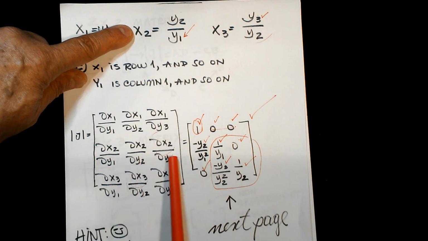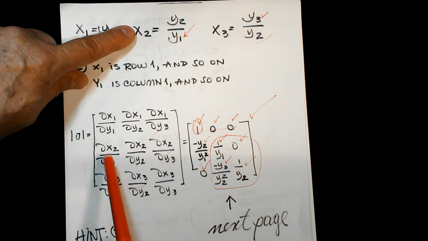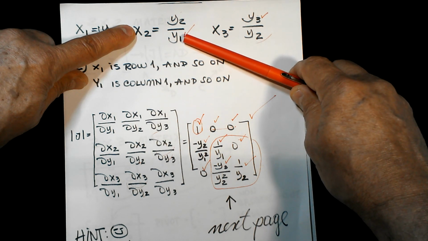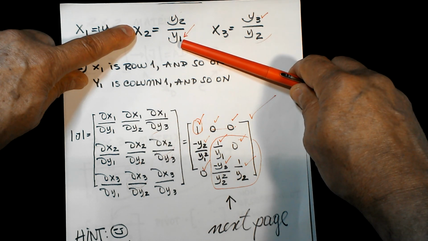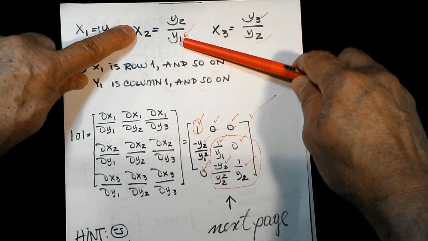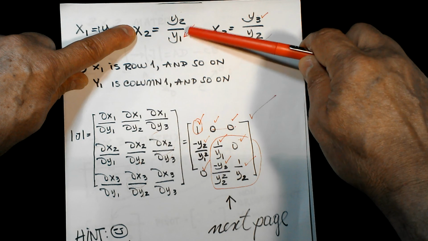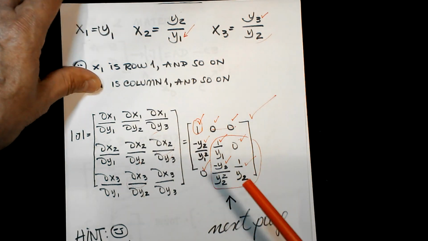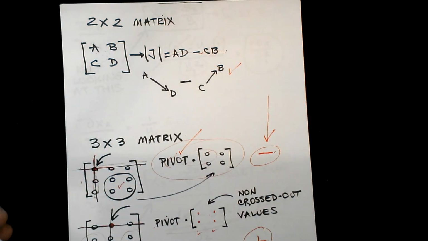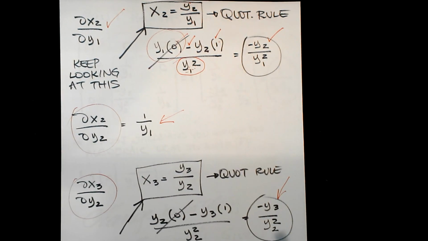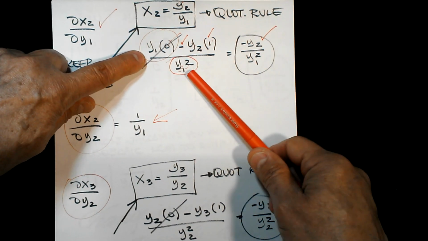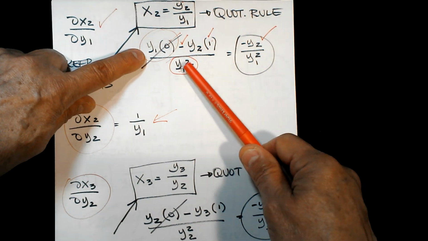Move your finger now to x2. You start row 2. It's this function over y1. y1 is in the denominator, and therefore you need the quotient rule. The variable you want is in the denominator. So the quotient rule for this case, y2 over y1, is going to appear right here. We're going to keep the y2 here.